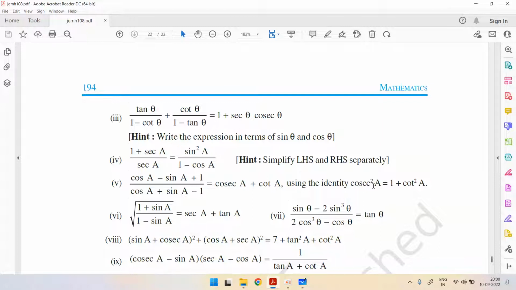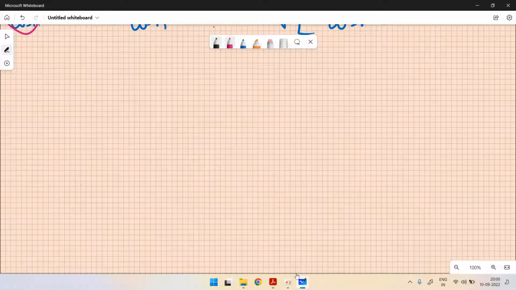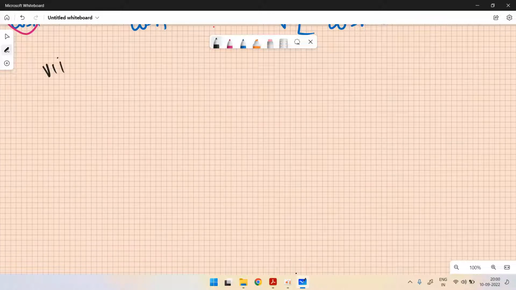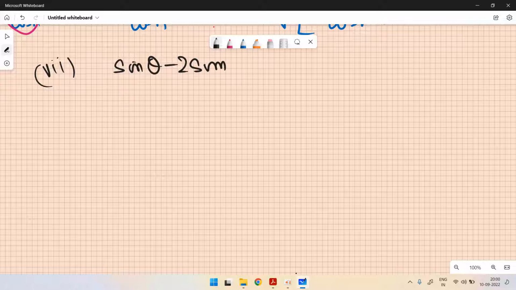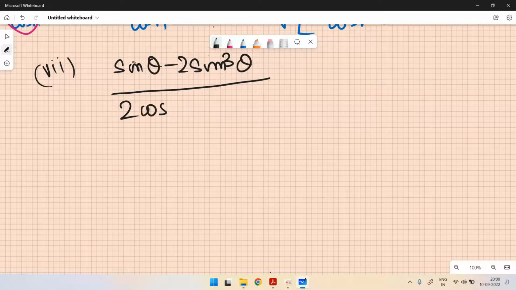You are writing your seventh part. I'm rewriting: sine theta minus 2 sine cube theta by 2 cos cube theta minus cos theta is equal to tan theta.